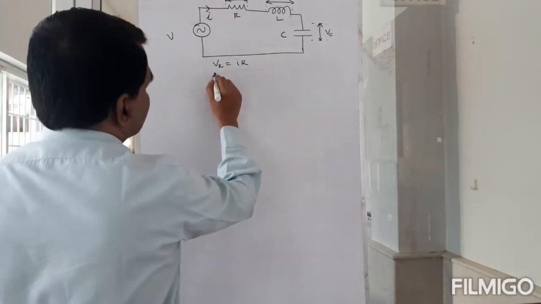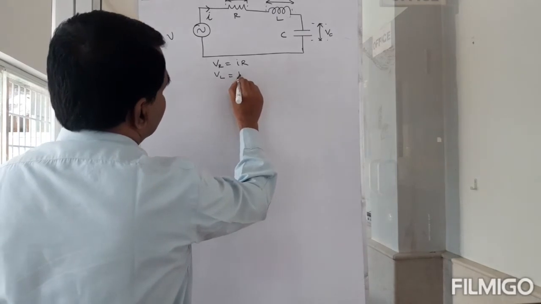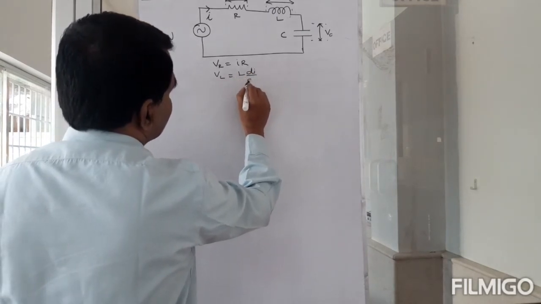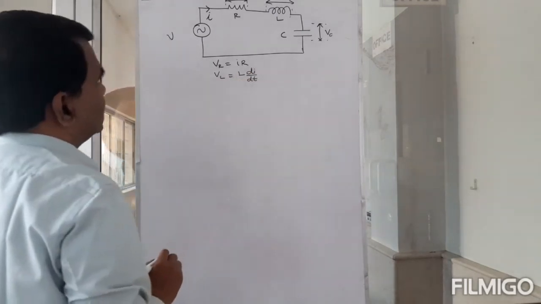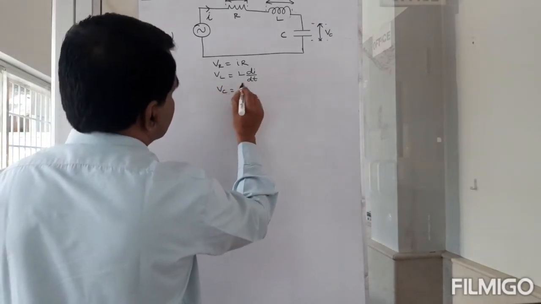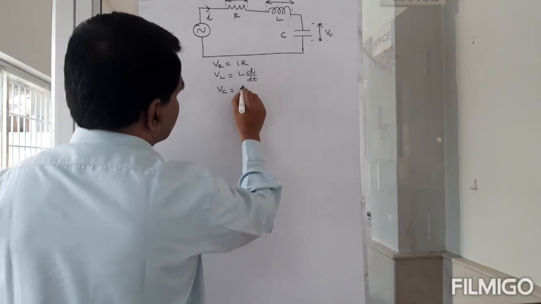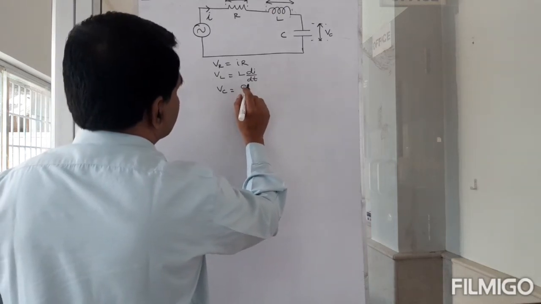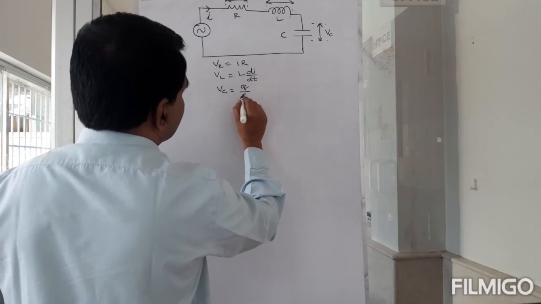And what is my VL? My VL is L di by dt. So what is my VC? VC is equal to Q by C.